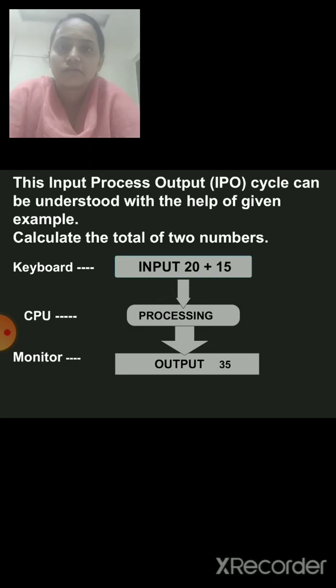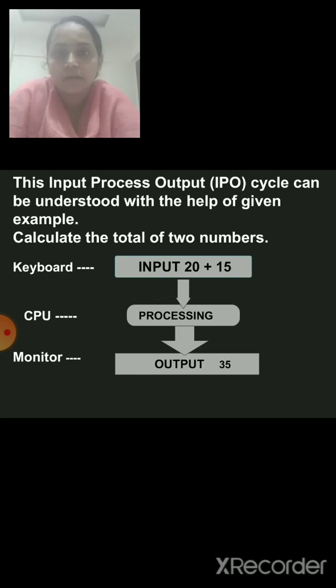This input, process, output, that is the IPO cycle, can be understood with the help of an example. Calculate the total of two numbers, that is input 20 plus 15. How will you give the input to the computer? Using the keyboard, we will type 20 plus 15. That is your input.